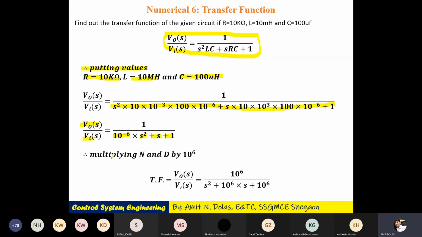So multiplying and dividing numerator and denominator by 10 raised to power 6, finally the transfer function will be 10 raised to power 6 divided by S square plus 10 raised to power 6 S plus 10 raised to power 6. So this is the final transfer function after putting the values.